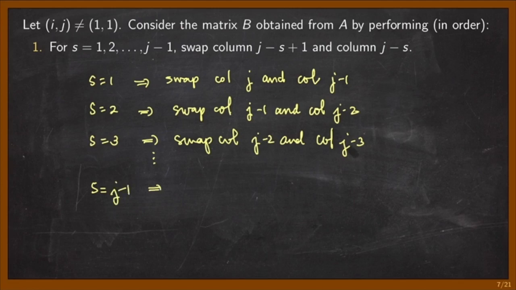j minus 1. In this case, we now swap column 2 and column 1. So as you can see, we are swapping two columns at a time, beginning from the j and j minus 1 columns.